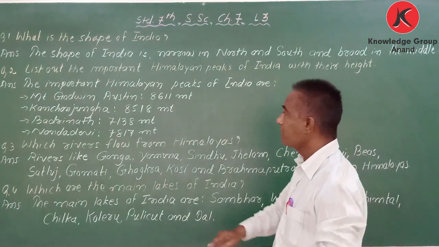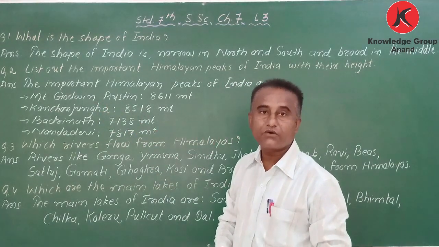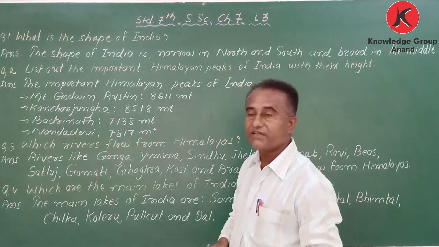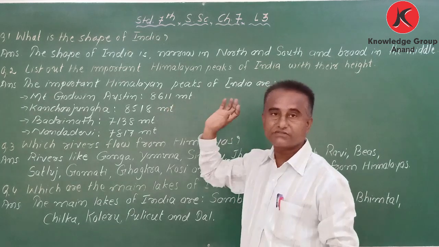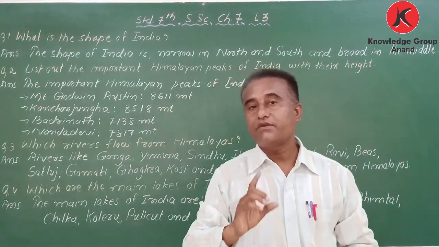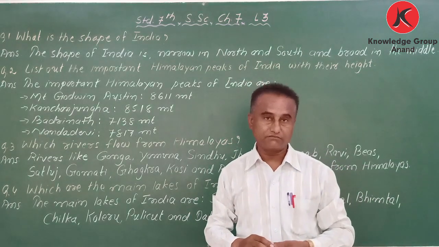Number 1, Mount Godwin Austen, and the height of Mount Godwin Austen is 8,611 meters. Here we are not saying Mount Everest, because Mount Everest is not part of India.